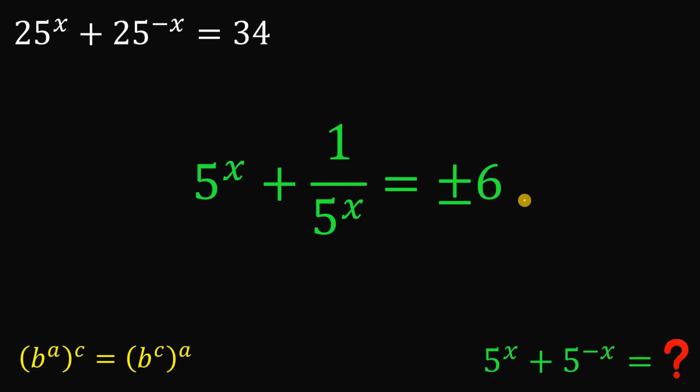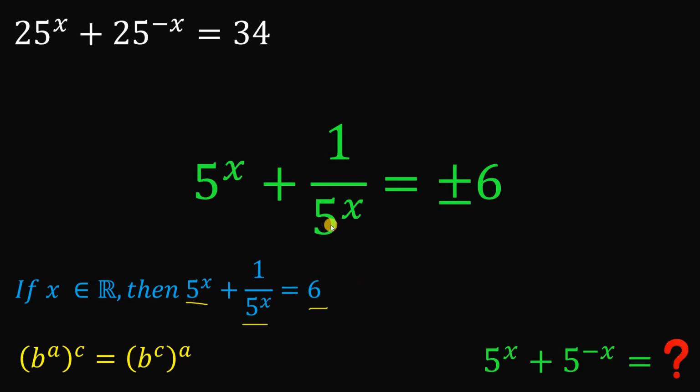But take note, if x is a real number, then the only value of 5 raised to the power of x plus 1 over 5 raised to the power of x is simply equal to 6, because this expression is positive. So, there's no way to get a negative value.